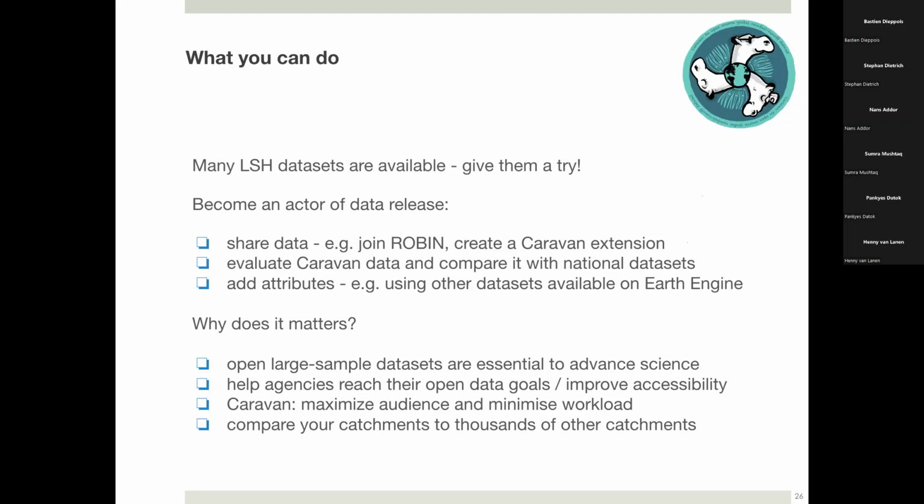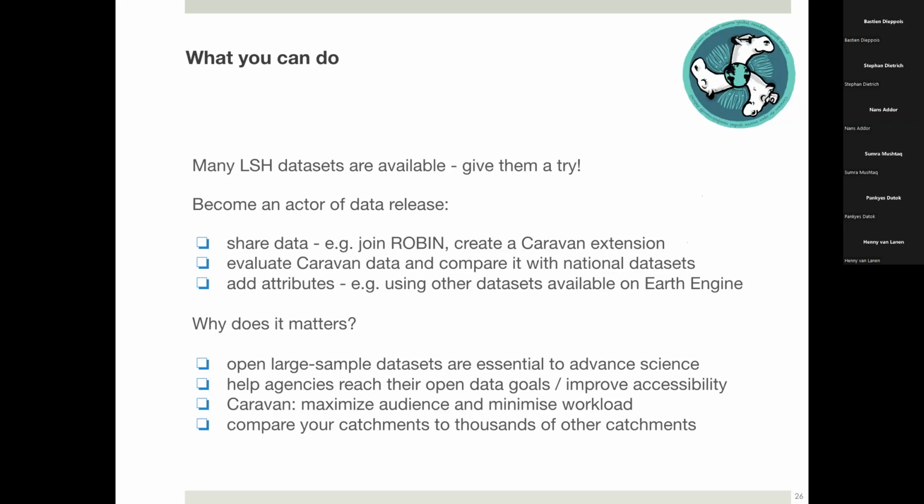It will also be essential to better determine what the information content of these different data sets is, how good global data sets are. And you can also add attributes when you use Google Earth Engine, because Google Earth Engine has a very large catalog of data sets. And so you can extract attributes from other data sets than HydroATLAS.